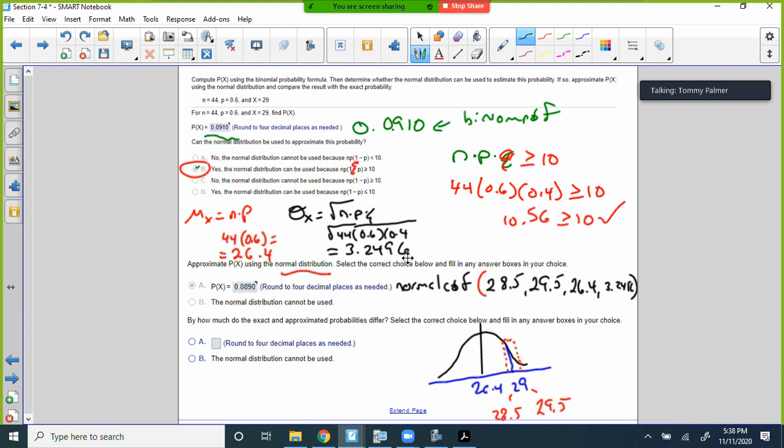At least 4, it'd be great if you went 5. We're going to type this in, and we should get 0.0890. Let's go type it in so you at least see how we do this.